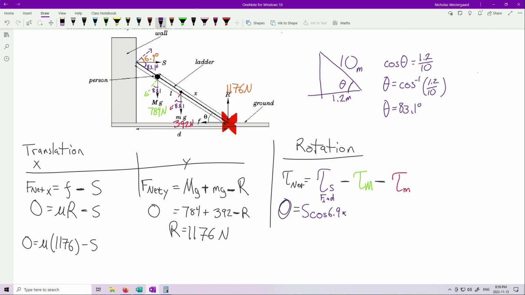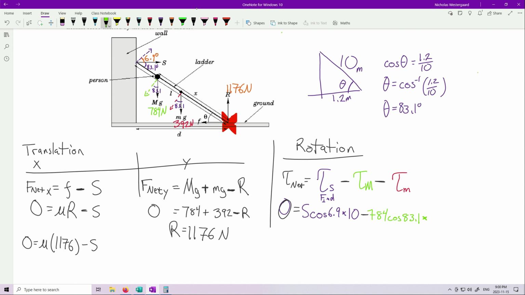If the fulcrum's down here, it's the total length. The total length is 10 meters. We subtract the force caused by big mass, that's 784. 784 multiplied by the cosine of 83.1 degrees, and then we're going to multiply by how far is it away from the fulcrum?